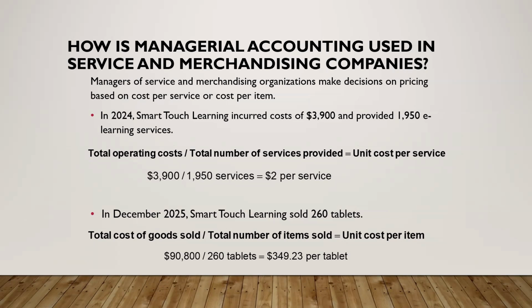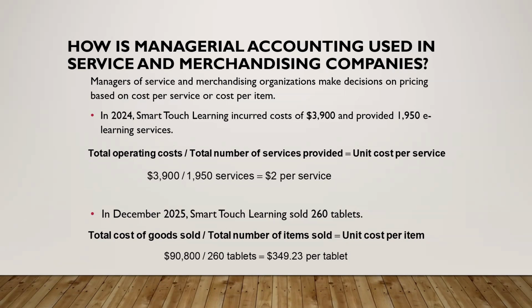So you have the total operating cost divided by the total number of services provided will equal your unit cost per service. So you have the $3,900 divided by 1,950 e-learning services is equal to $2 per service.